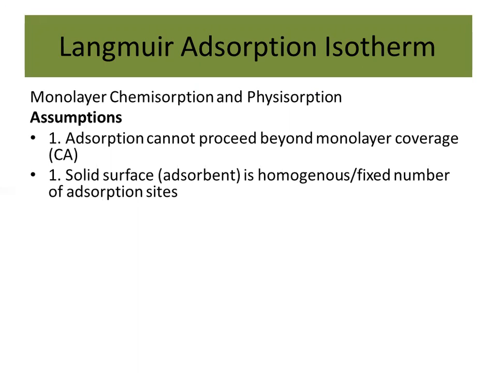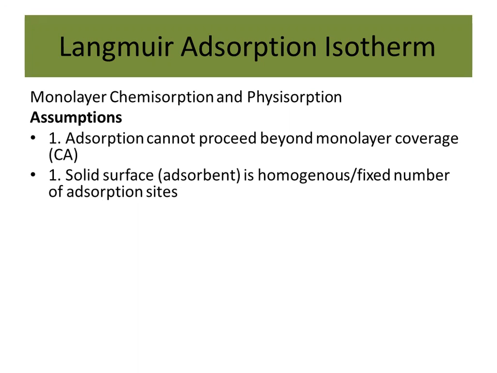The second is the solid surface, which is the adsorbent, is homogeneous, having a fixed number of adsorption sites. So there should be a fixed number of adsorption sites, and it should be homogeneous.